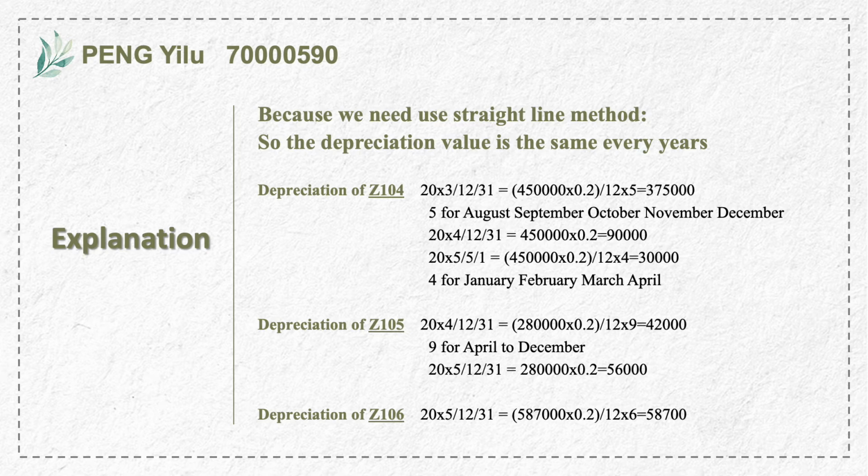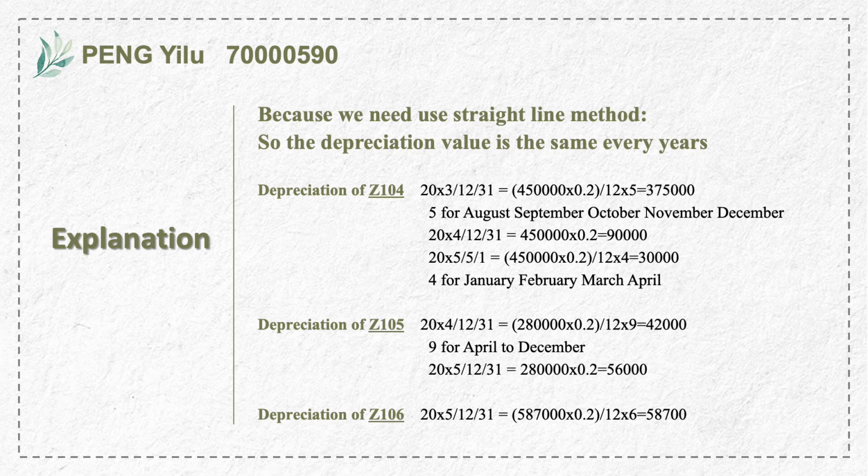Because 20X3 to 20X4 is a whole year, at 31 December 20X4 it equals 450,000 times 0.2, which equals 90,000.